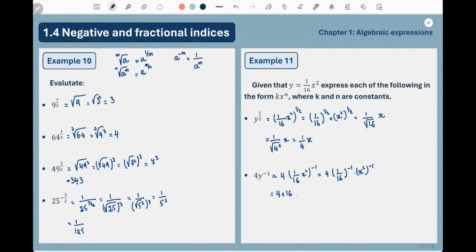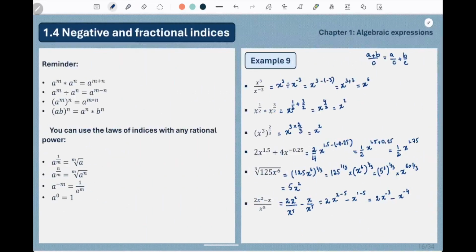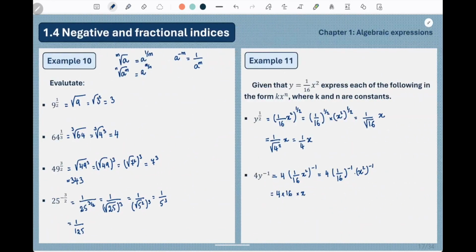And this one is x, using this law over here: m times n, we have the same scenario, so it's 2 times minus 1. Let me write it over here so you can see it. So 4 times 16 totals 64, and x to the power of minus 2.